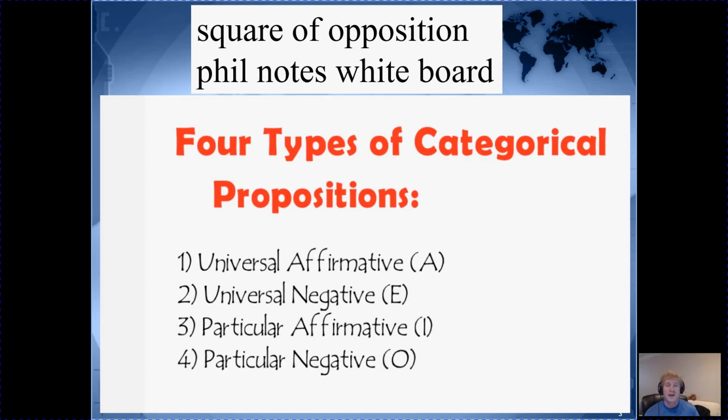So, 4 types of categorical propositions. Now I want you to think about the terms here. The terms can give you a headache, I understand. Universal affirmative, universal negative. Look, affirmative. Think about that word. It means in agreement, I agree. Star Trek, affirmative, sir.